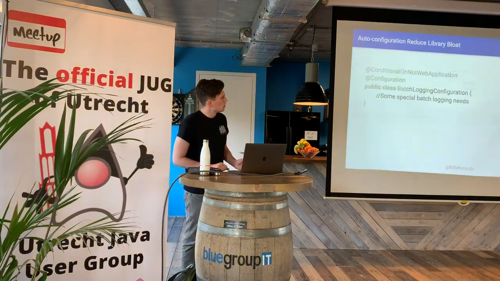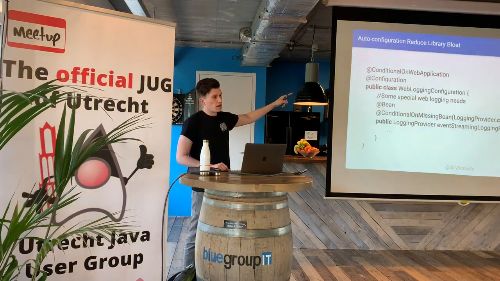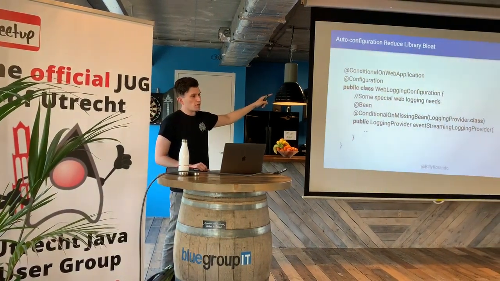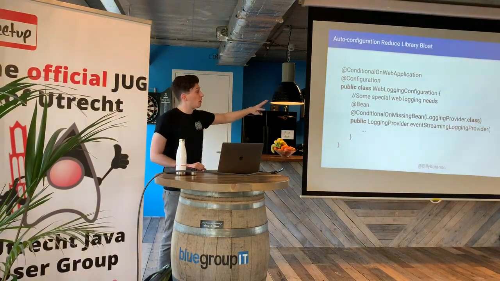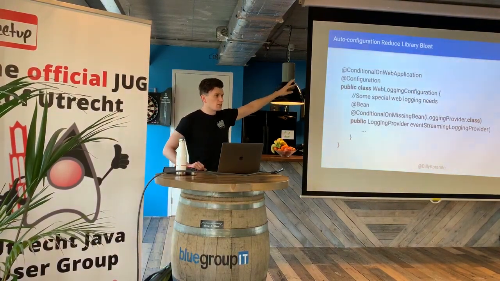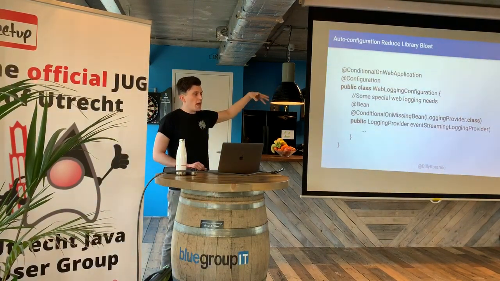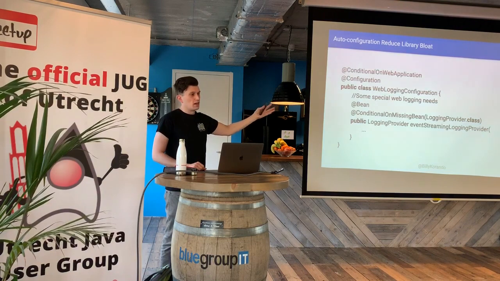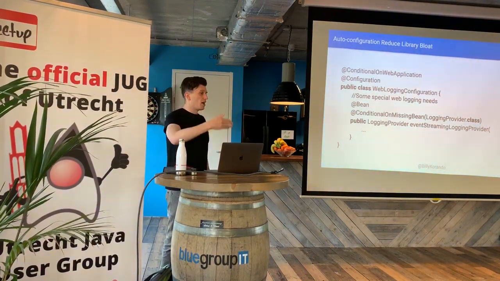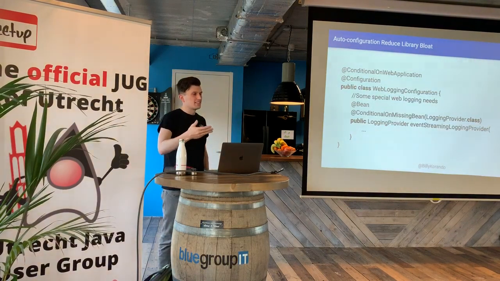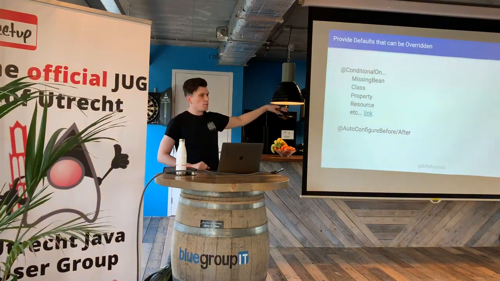Well, these annotations would be stored within the shared library. You're not forcing the developers or the library that's bringing it in to add these annotations. Sorry, I didn't make that clear enough. This information would all be within the actual shared library, and then this configuration would only come into effect when it's an actual web application or batch application, or whatever makes sense.